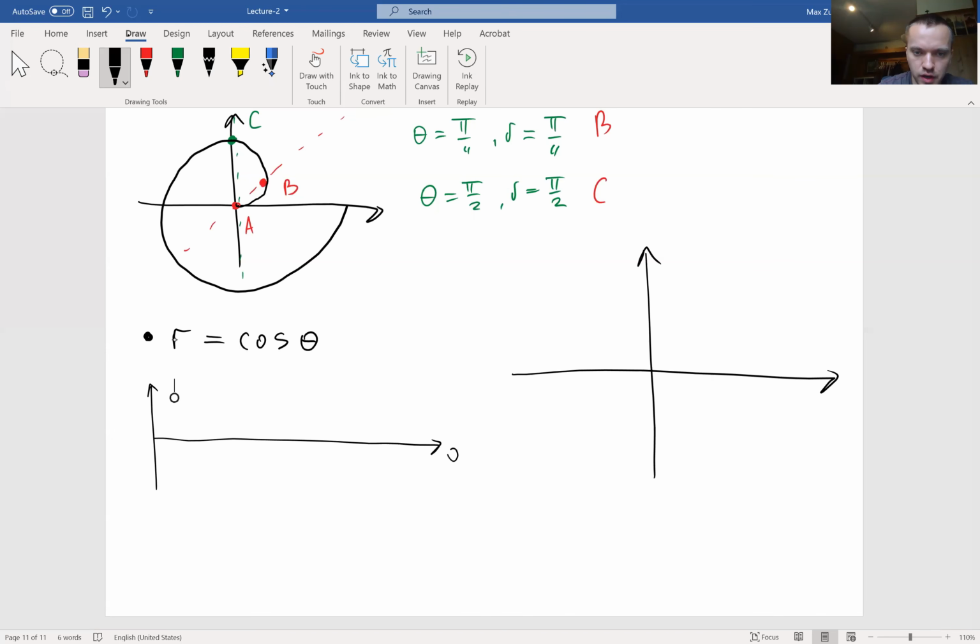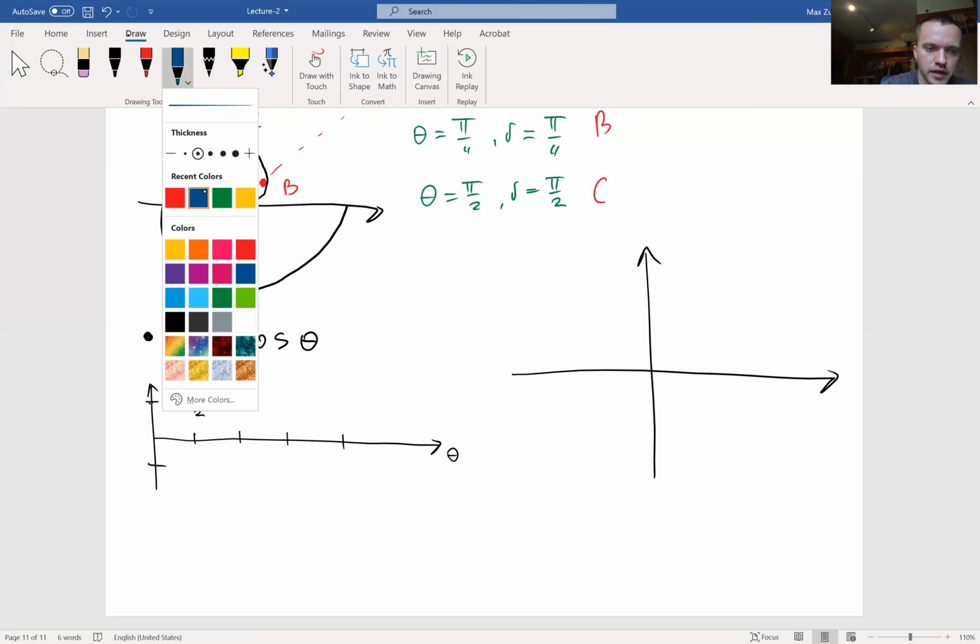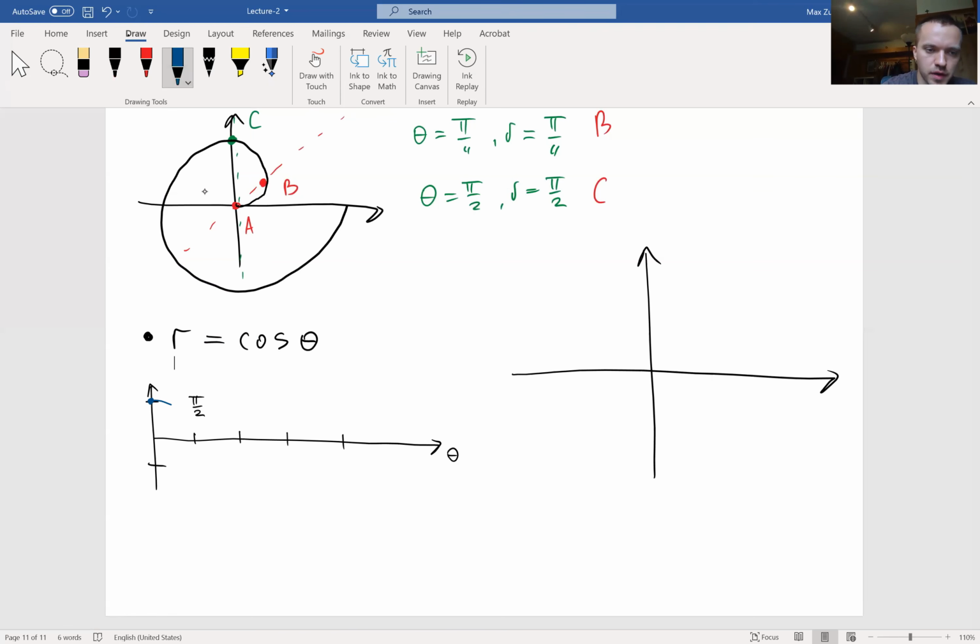So in other words, I'm going to have theta and r. Okay. First, I don't know if you're taking notes right now or not. Can you please guess or sketch what the graph of the cosine function is going to be? So we're going to have cosine 0 is 1, cosine pi over 2 is 0, cosine pi is -1, then 0, then 1. So do you see, we're going to have this wave.